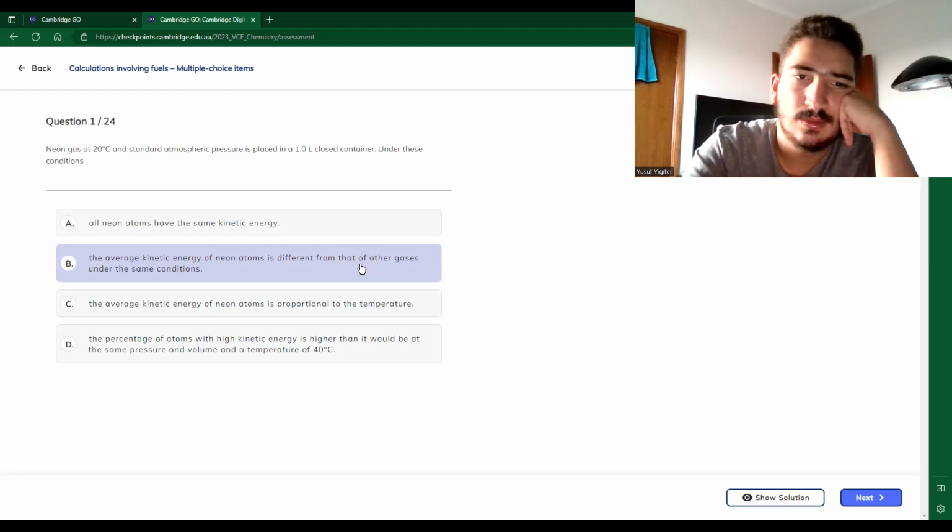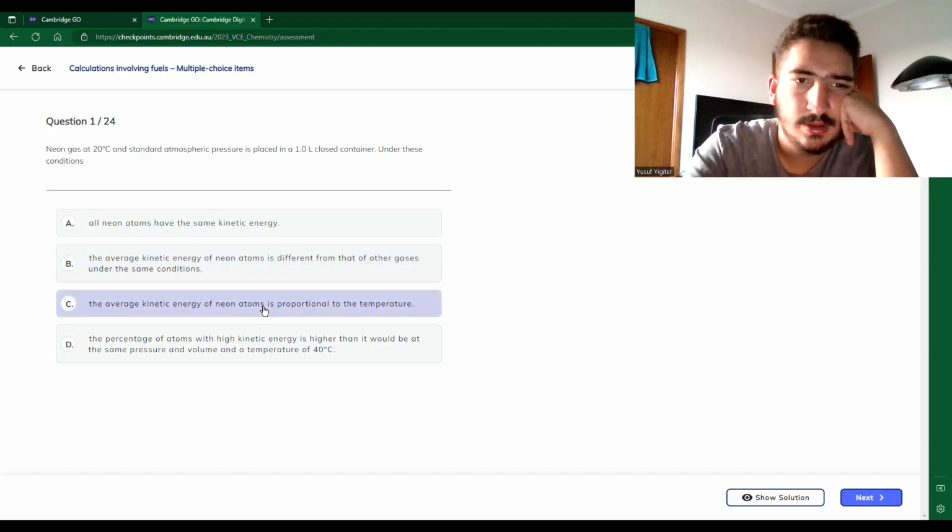I don't think so. The average kinetic energy of neon atoms is proportional to the temperature, probably. Percentage of atoms with high kinetic energy is higher than it would be at the same pressure and volume and a temperature of 40 degrees.